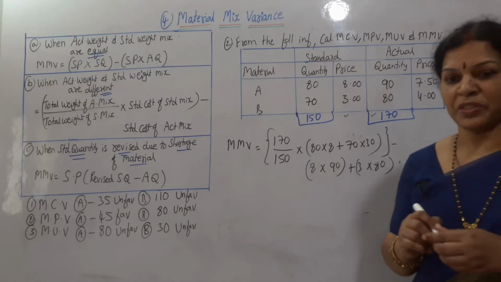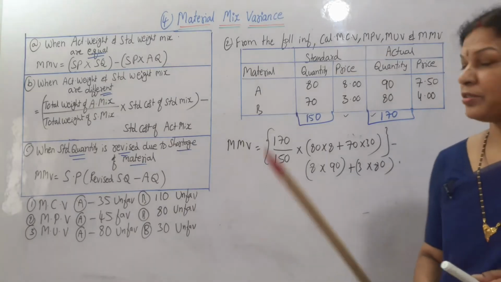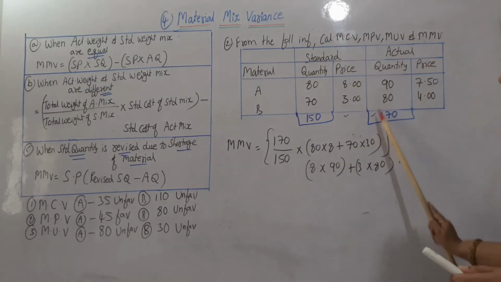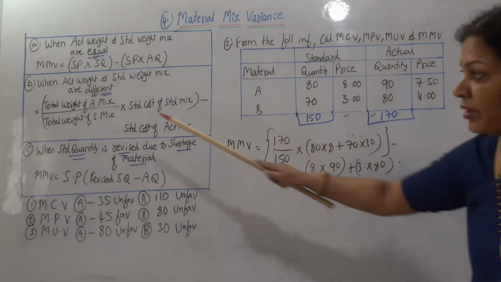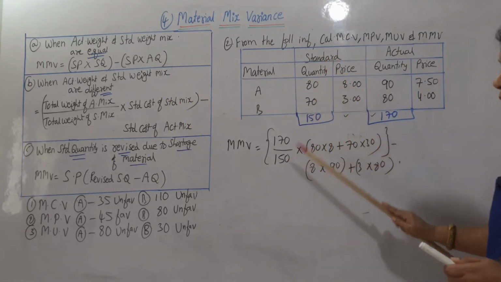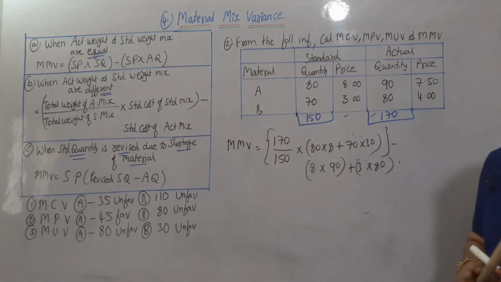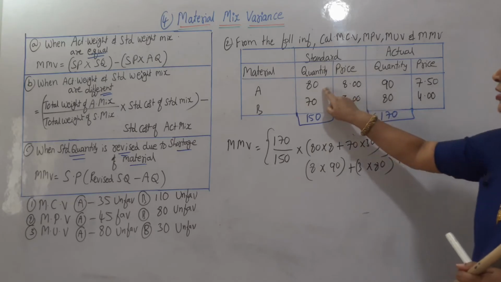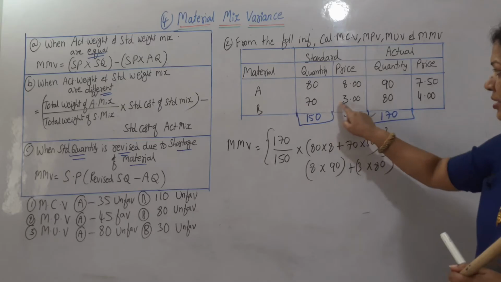Once again let me explain the formula. Total weight of actual mix is 170, divided by total weight of standard mix, 150, into standard cost of standard mix: 80 into 8, plus 70 into 3.